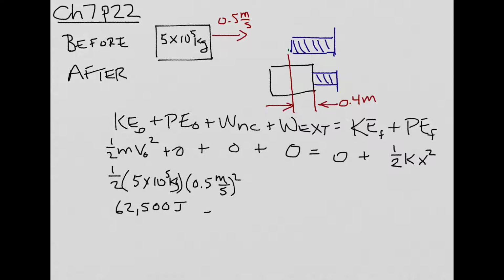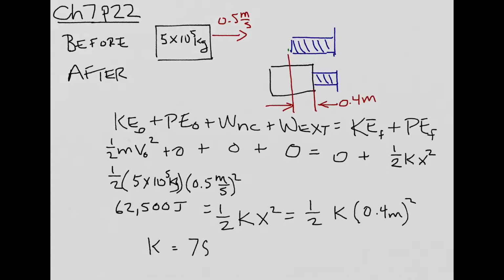So that has to equal 1/2 kx squared, and the x is 0.4 meters squared. When we solve this, we get k equals a very large number, which is 781,000, and the units are newtons per meter, meaning for every meter that the spring is compressed, it will generate 781,000 newtons of force.